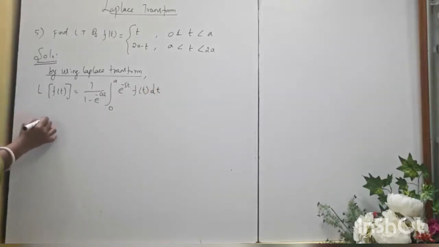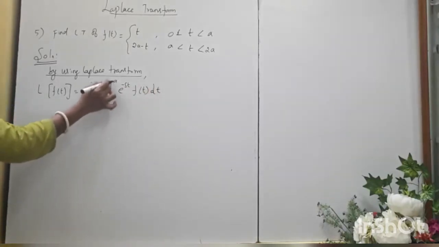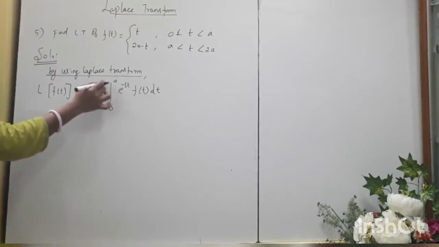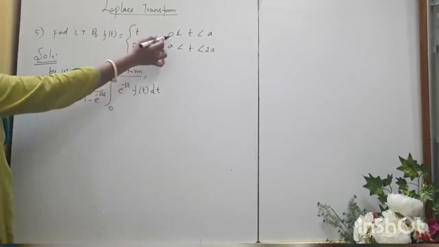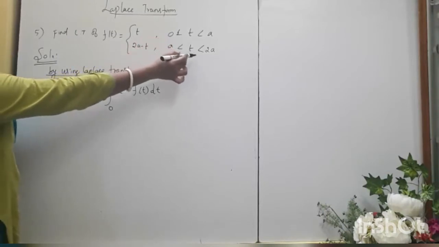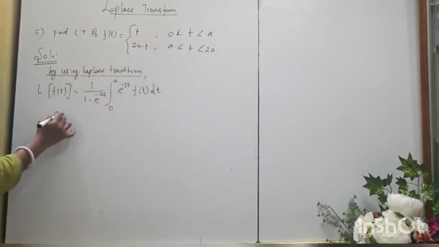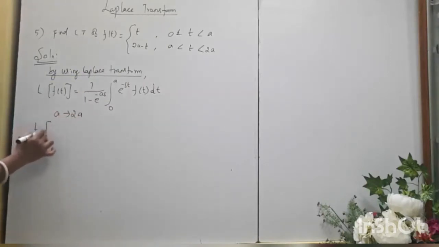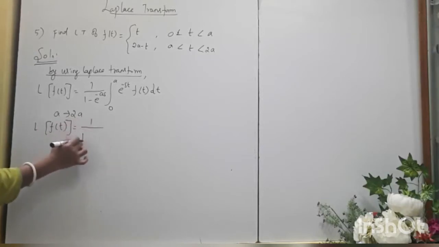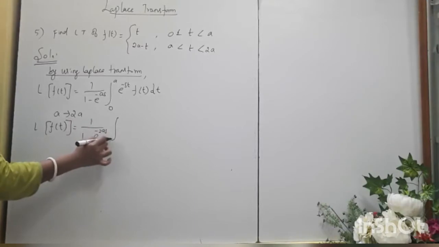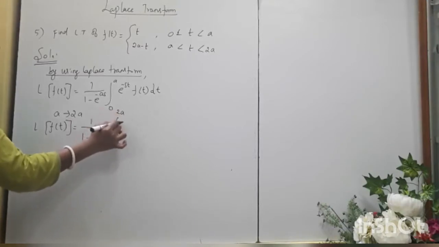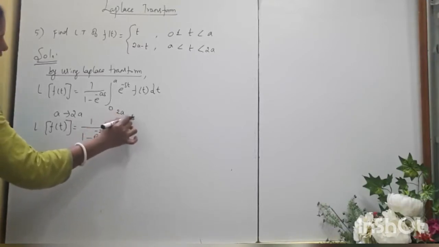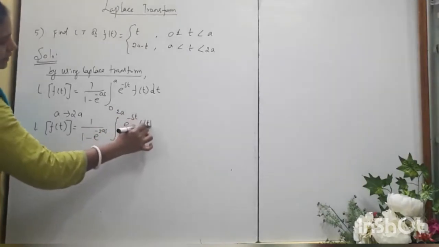So here the lower limit is 0 and the upper limit is a. Here the lower limit is 0 and the upper limit is 2a. So a tends to 2a. So L of f of t equals 1 by 1 minus e power minus 2as, into the integral from 0 to 2a of e power minus st f of t dt.